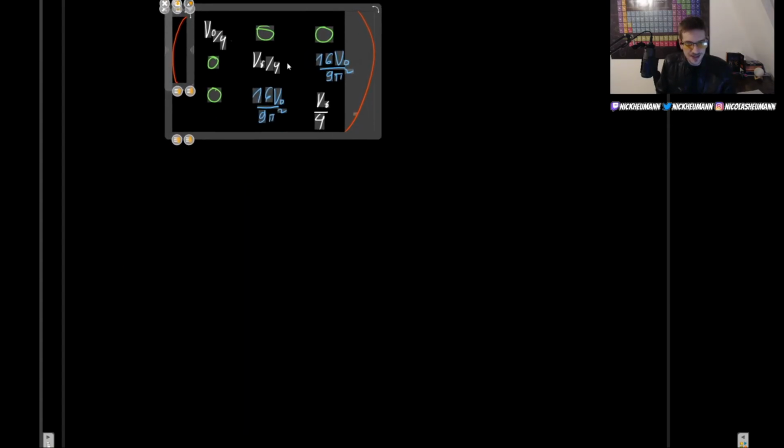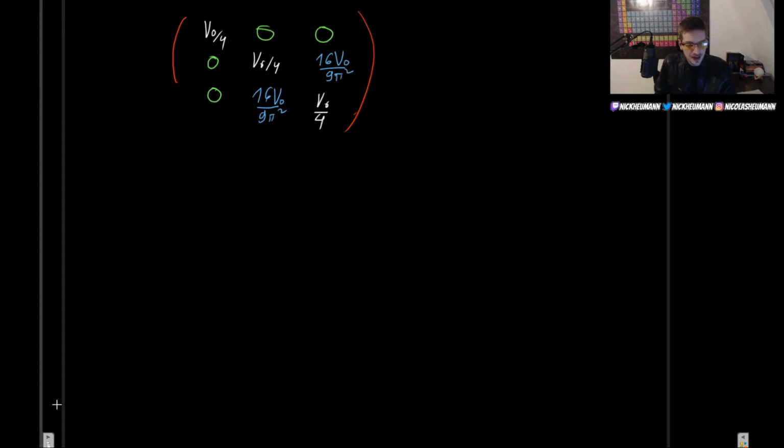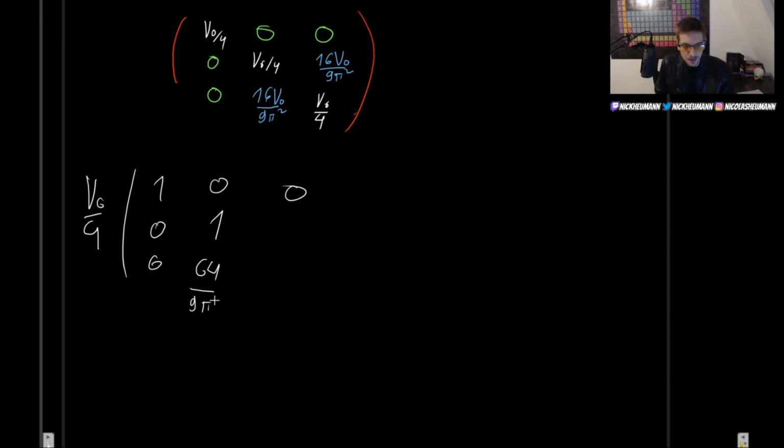Okay, so now let's simplify this. We can factor out V0 over 4. So V0 over 4, factor of all of this. So 1, 0, 0, 0, 0, 1. And now if we factor out V0 over 4, we end up with 64 over 9 pi squared. Same here, 64 divided by 9 pi squared, and a 1 there.